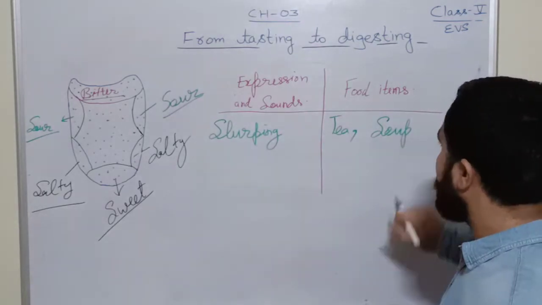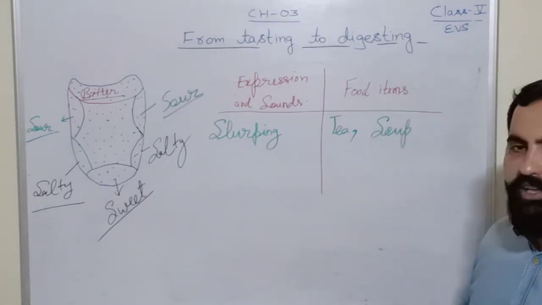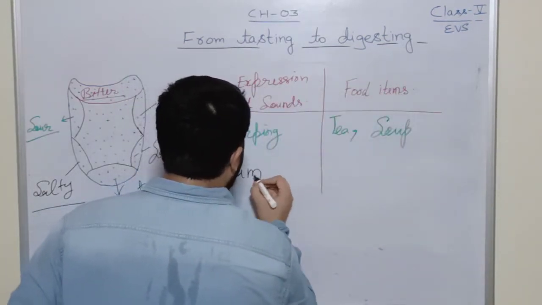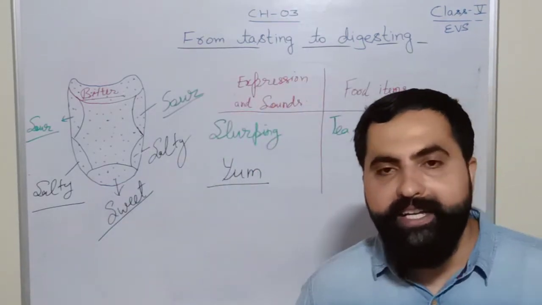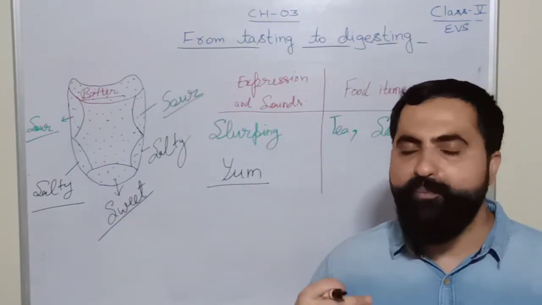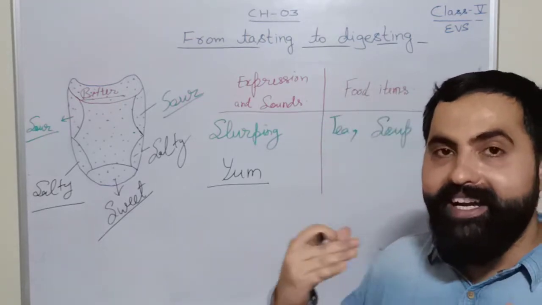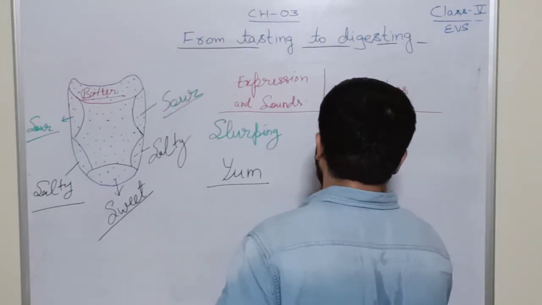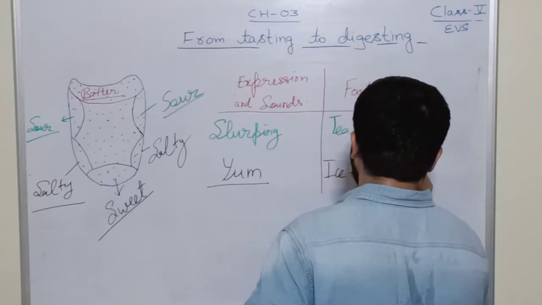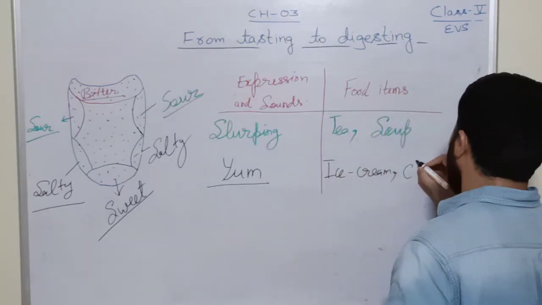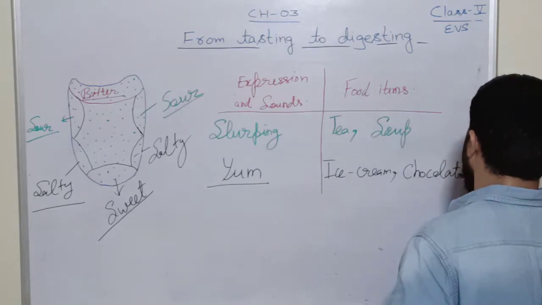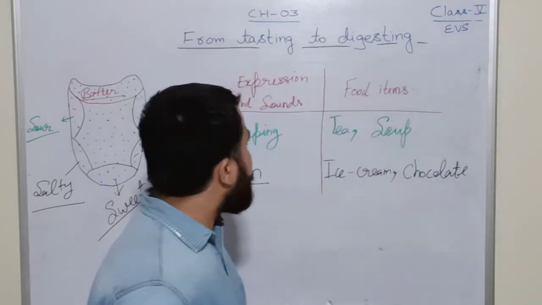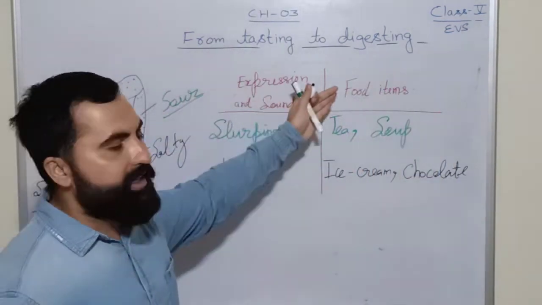Okay. The second expression and sound is yum. When you are eating something delicious you make that sound, that is the yum sound. While you are eating ice cream, chocolate, or jalebi, etc. So those are the two expression sounds and the food items.